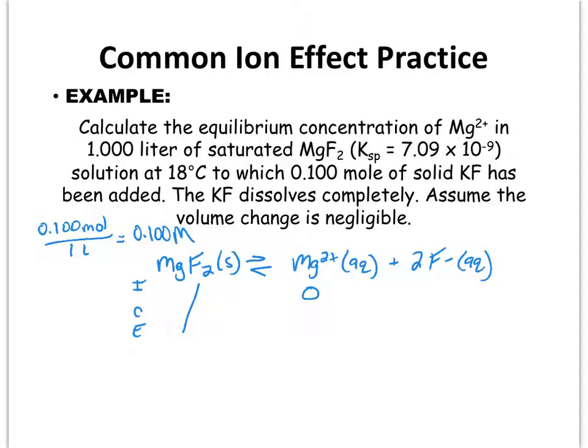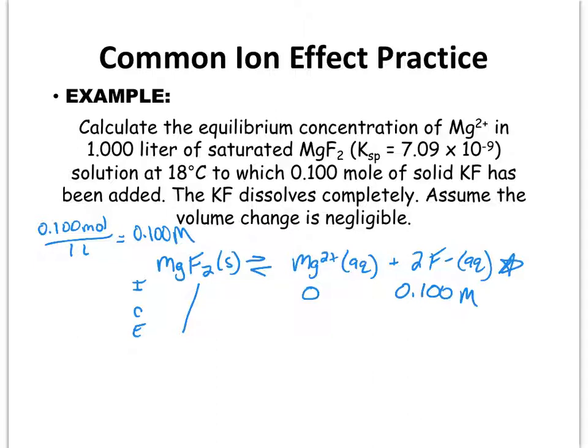So instead of having an initial value of 0, we actually have an initial value of F- as being 0.100 molar from the common ion. So that's the big difference in a common ion problem. Both of your ions are not 0. One of them is going to have a starting value, and it's going to be based on the common ion of the substance that's being added. So in this case, KF was added, and F- is the common ion, and we know the concentration of that. We already found it. So that is the initial value of our F-.